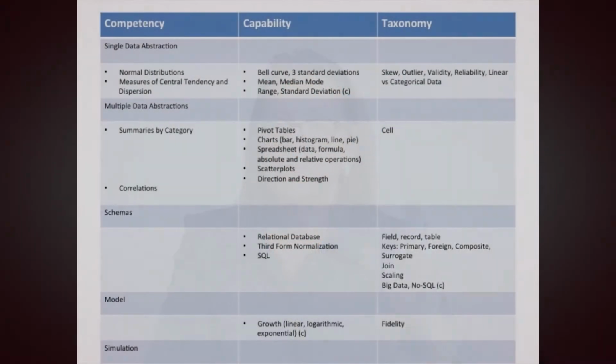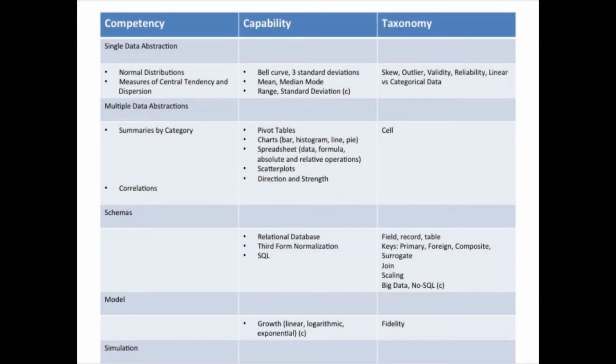If you take a moment and look at the chart I provided that has this little curriculum roadmap, you will see that it's divided into columns, and the columns include competencies, capabilities, and a taxonomy. Anytime you learn some new subject matter, I think it's important to identify a key set of ideas that you really do need to master so that you can have meaningful and rich conversation around the topic.